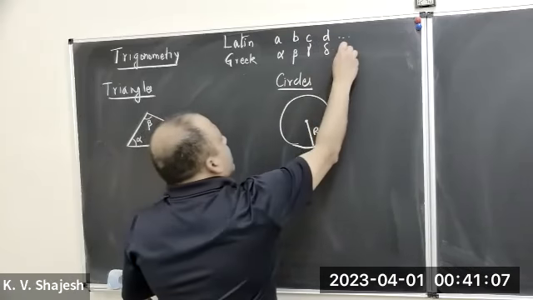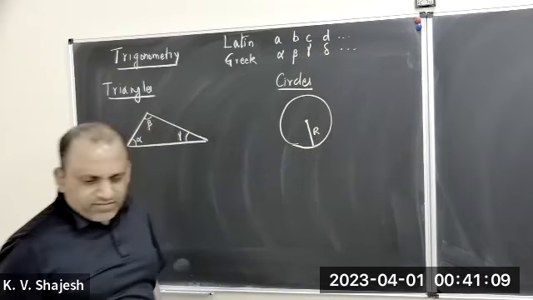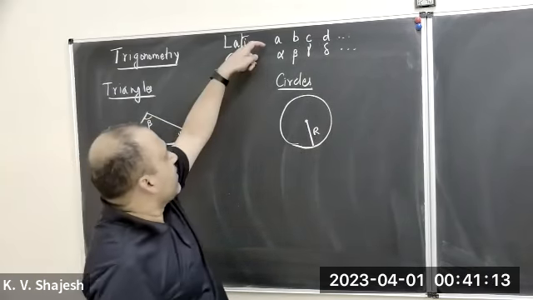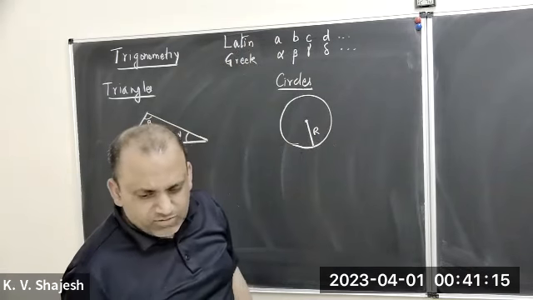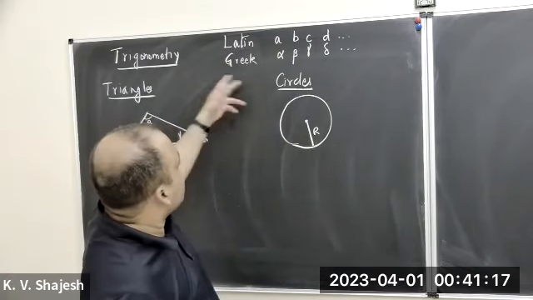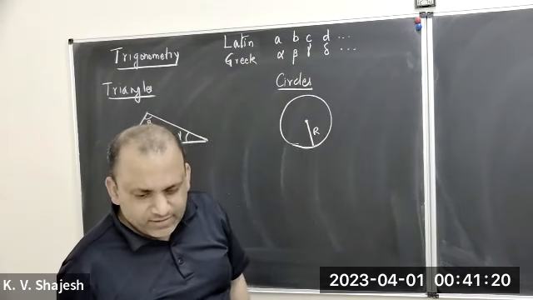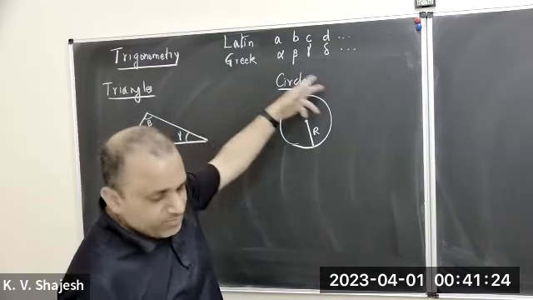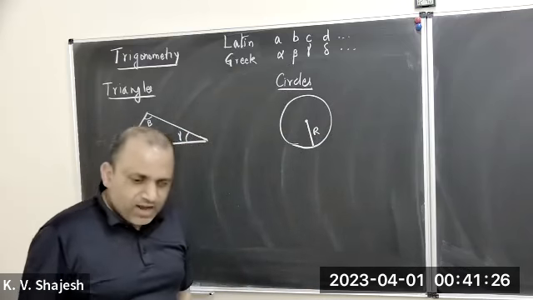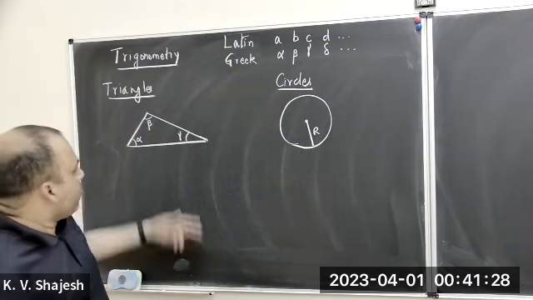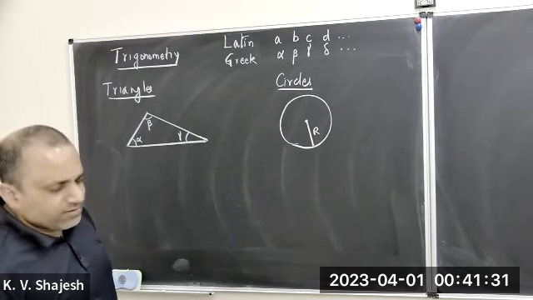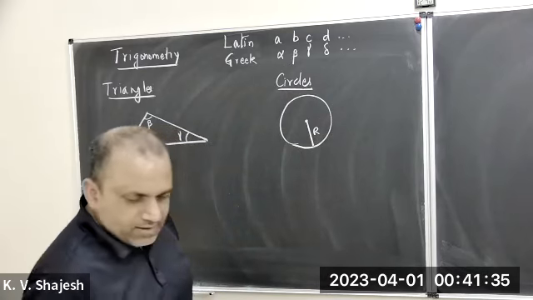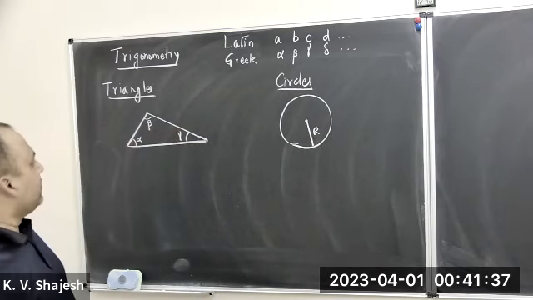Each has a name, exactly like A, B, C, D. They have sounds, and you can build words out of them. In the Indian alphabet, we have ka, kha, ga, gha, na. When all this was being considered, most of the literature was written down in Greek, and that's why we use these.